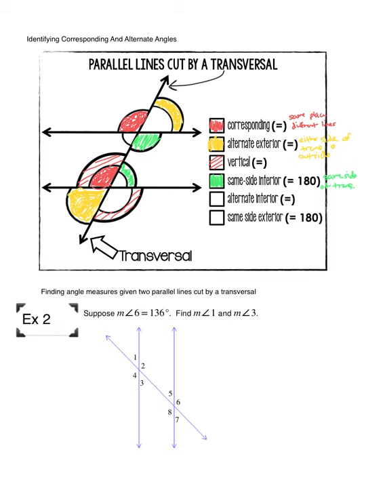Well, then alternate interior will be either side and inside the parallel lines. So those would be these two. They are between the parallel lines, but they're still on opposite or alternate sides of the transversal. That's blue.